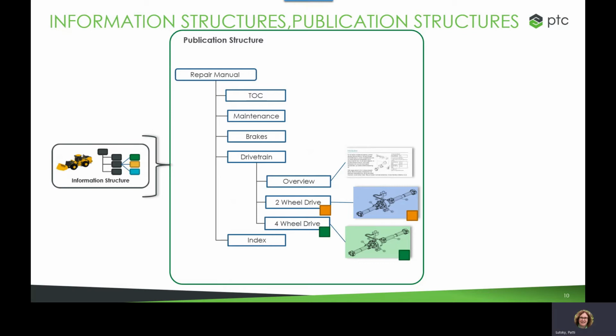Now, this graphic shows that you can have optionality within really your information structure or publication structure. In this case, you might have certain topics that are relevant for a two-wheel drive model as opposed to a four-wheel drive model.